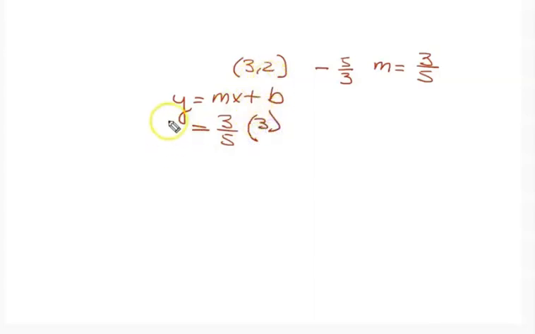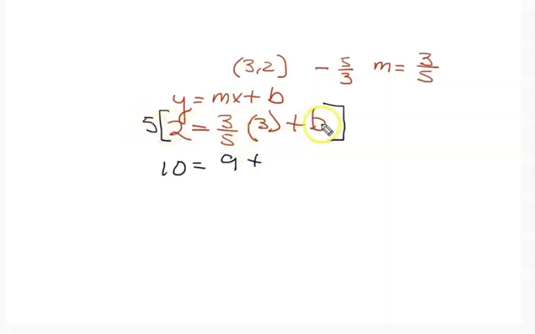Our y value is 2. And what we don't know is our new b value. So again, we're going to multiply everything here by 5 to get rid of that fraction. So this becomes a 10. 5's cancel out here, and this becomes a 9.